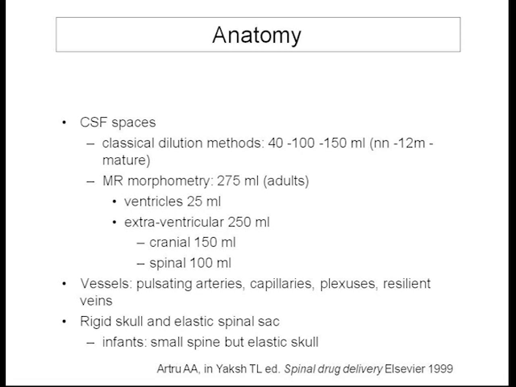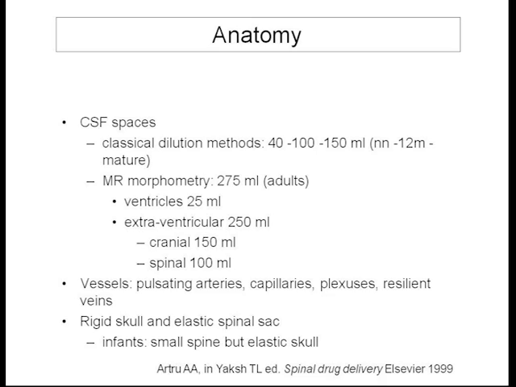Everybody is talking about 40 milliliters in the neonate, 100 milliliters at 12 months, and 150 milliliters in the mature child. This was defined by dilution methods a long time ago. But now we have MR. And using MR morphometry, there was a demonstration that in the adult, the CSF is 275 milliliters, which is much more than 150.